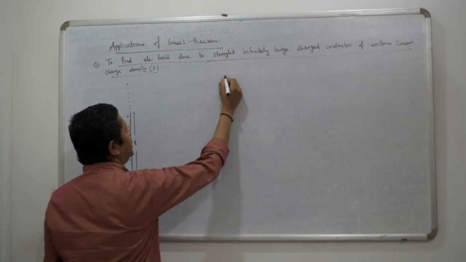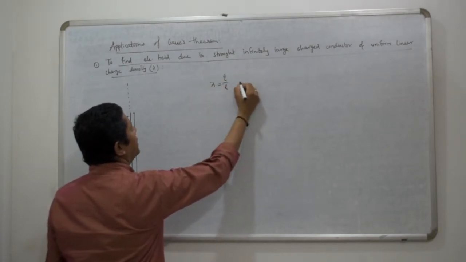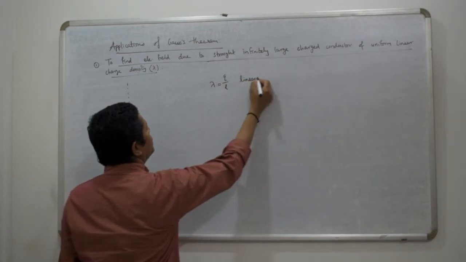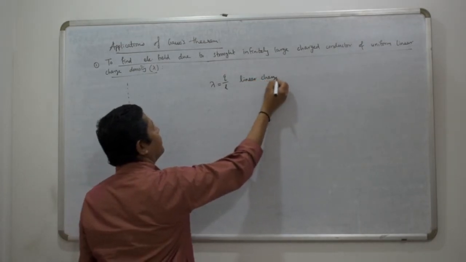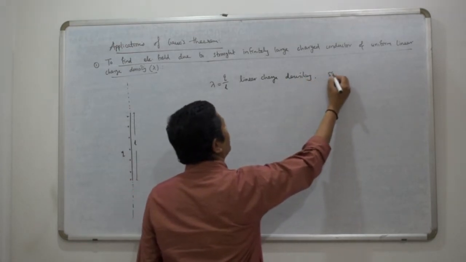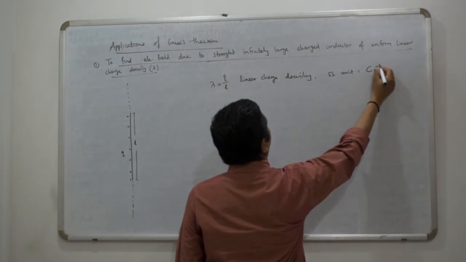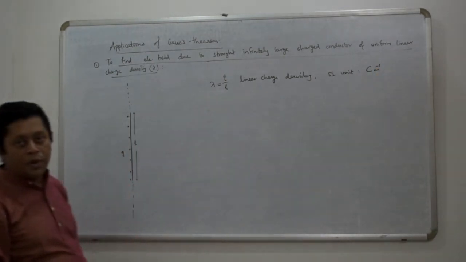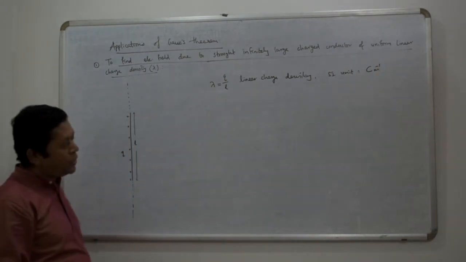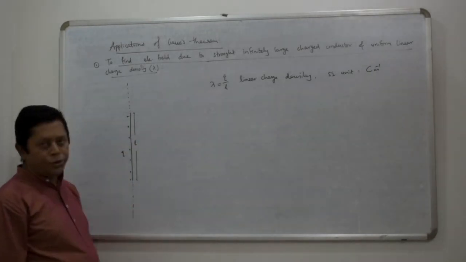So the quantity Q by L is represented by the symbol lambda, and that is called linear charge density. Its SI unit will be coulomb per meter, because it is charge per unit length. Let's say this linear charge density is uniform.